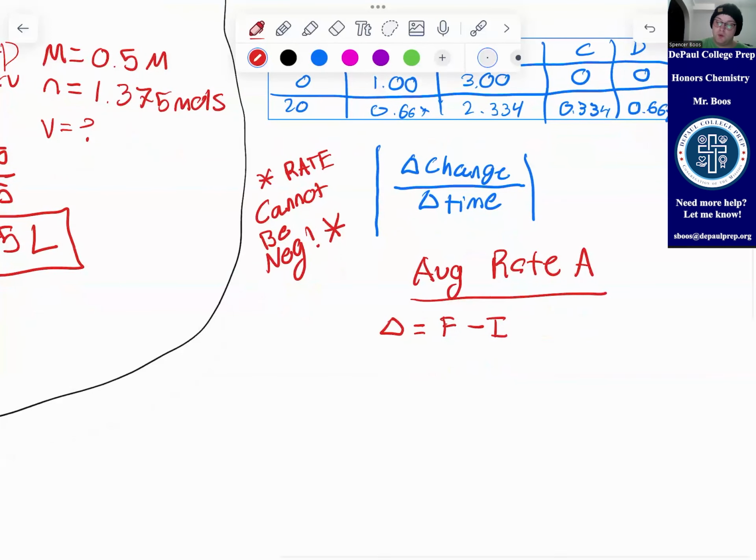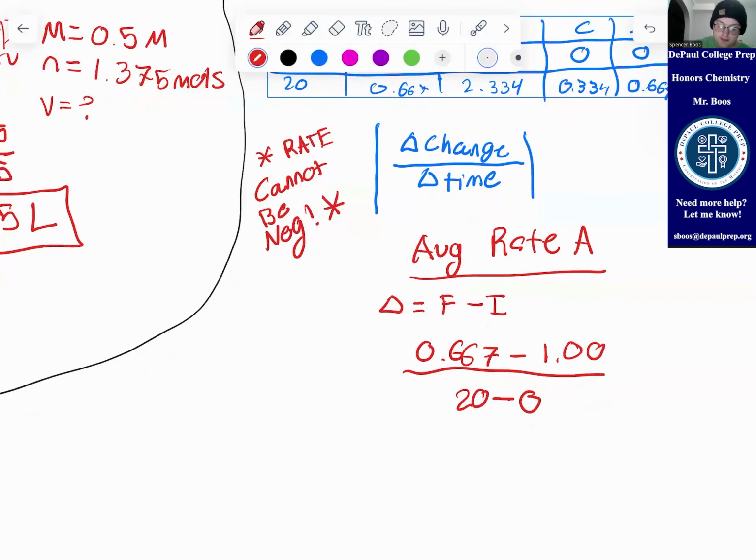So we've got 0.667 minus 1.00 over 20 minus 0. So when you do that top one, 0.667 minus 1, you get minus 0.333 over 20.